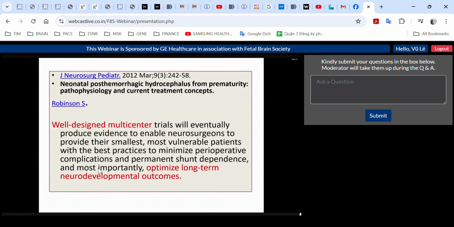In conclusion, well-designed multi-center trials eventually produce evidence to enable the surgeon to provide his most vulnerable patients best practice to minimize perioperative complications and permanent shunt dependence, and most importantly, optimize long-term neurodevelopmental outcome.